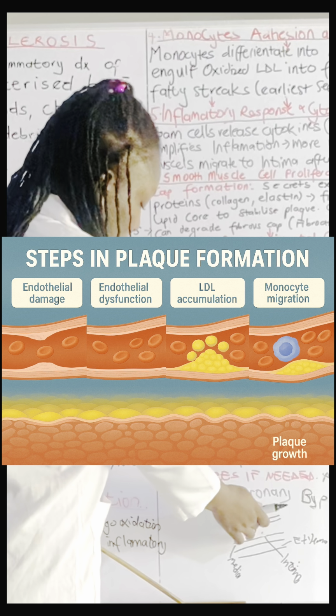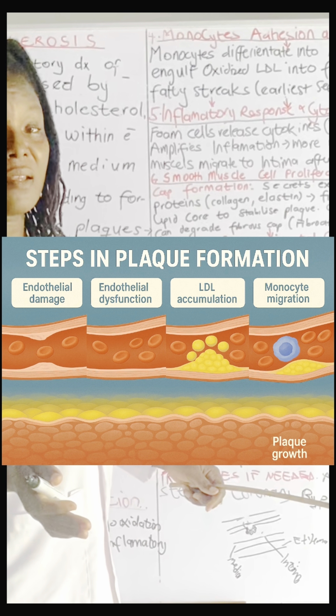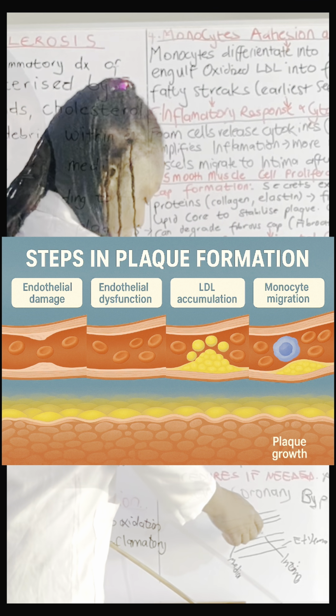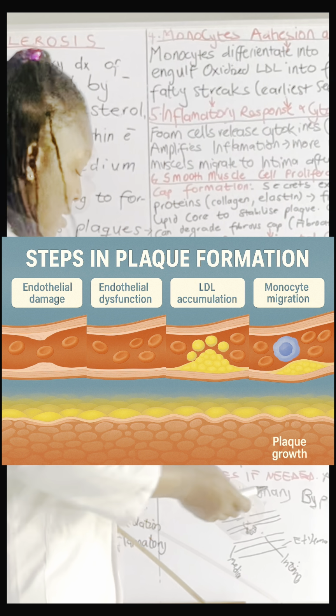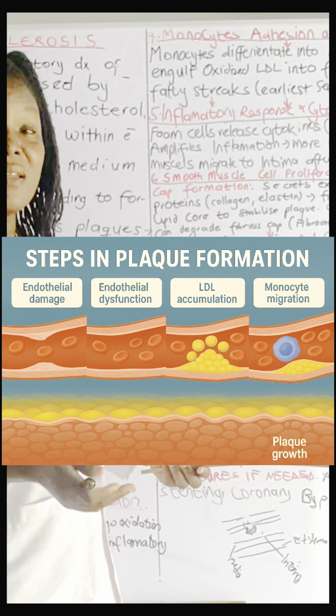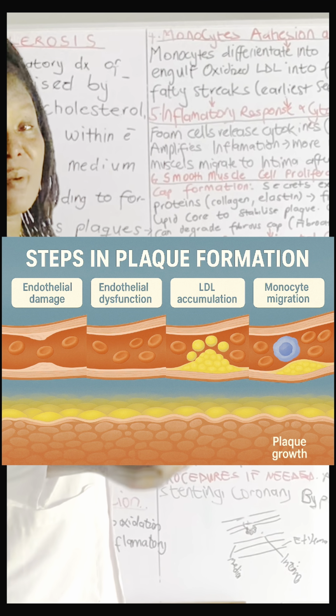Then nitric oxide was lost and there was no vasodilation anymore. Aside from that, LDL has penetrated and gets oxidized and becomes oxidized LDL. The oxidized LDL is also a highly inflammatory material, attracting more and more inflammatory mediators.